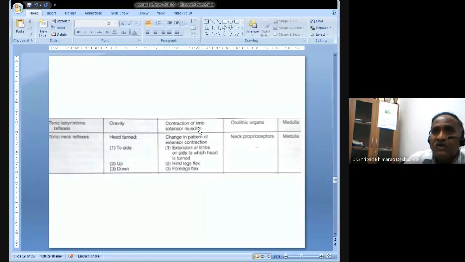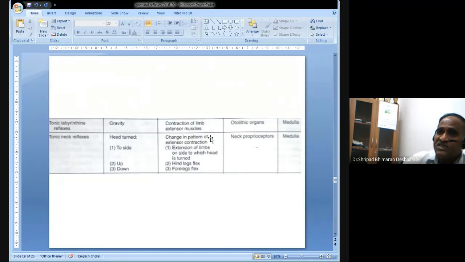Now here I have just mentioned, these are the strips I have taken. Again, tonic labyrinthine reflexes come from the gravity contraction of the extensor muscles, the otolith organs, and the center is in the medulla. And the tonic neck reflexes have three components: when the head is turned to one side, and when the head is turned upward or downward.